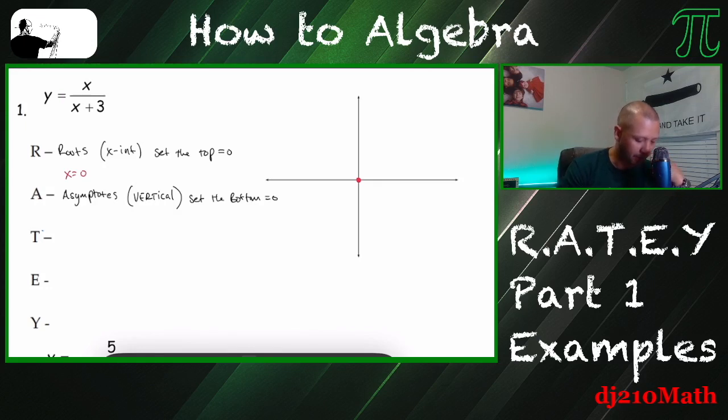So the bottom, x plus 3 equals 0. Again, regardless of what the top is. In these two steps, I'm setting the top and the bottom equal to 0, independent of one another. I don't care about the top when I'm focused on the bottom, and I don't care about the bottom when I'm focused on the top, because they tell me two different pieces of information.